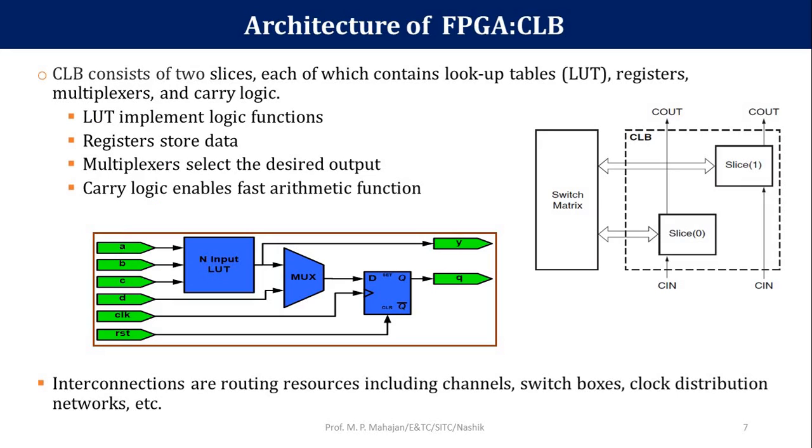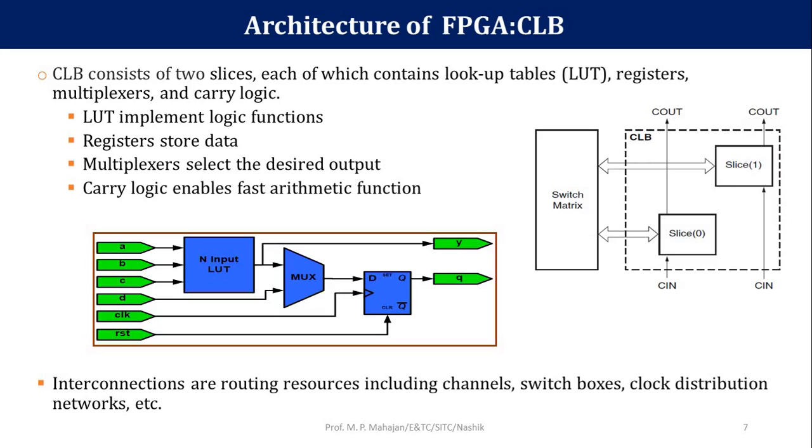Now, the first and most important basic element of the FPGA is the configurable logic block, used to implement combinational as well as sequential logic. This configurable logic block consists of two slices, each of which contains lookup tables, registers, multiplexers, and carry logic.